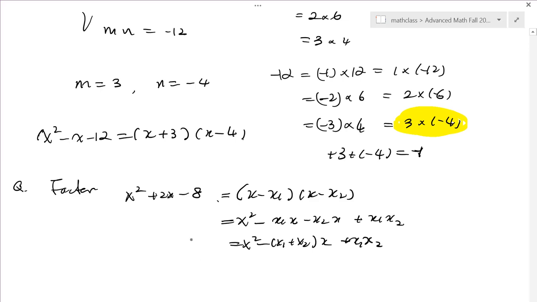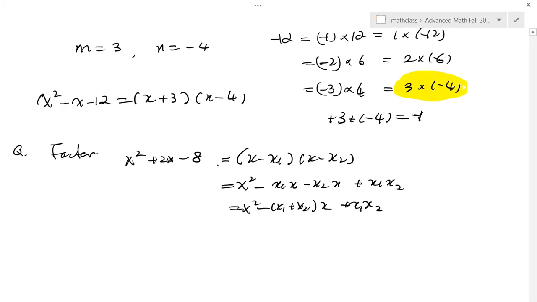Okay, so you compare both sides. Can you figure it out by guessing to get x1, x2? In some cases you can do that because x1, x2 are integers.